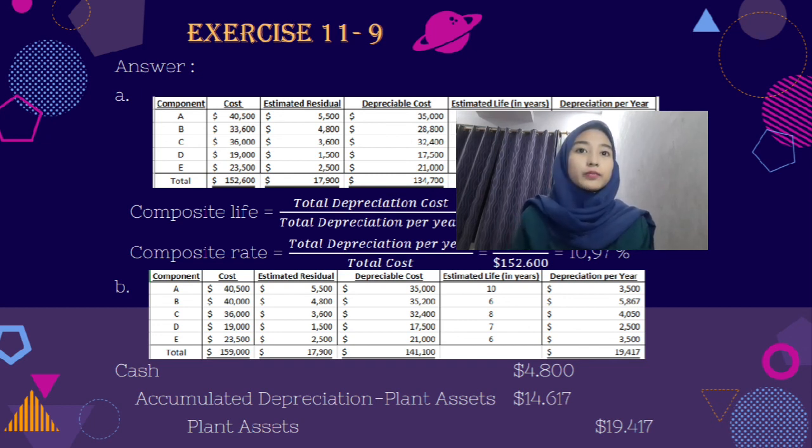The cash is obtained from the estimated residual on component B, and then the plant asset is obtained from total depreciation per year, and the accumulated depreciation is obtained from plant asset minus cash.